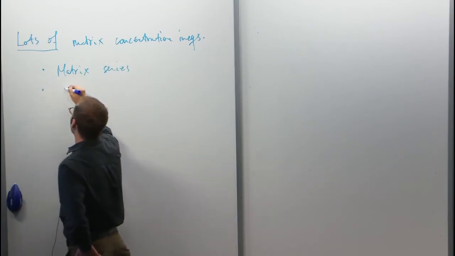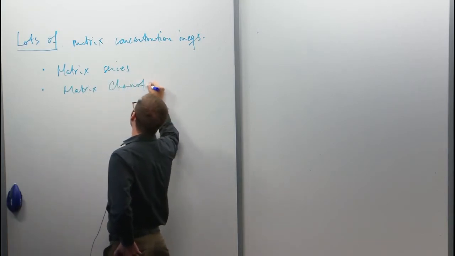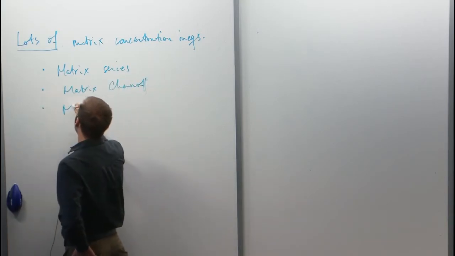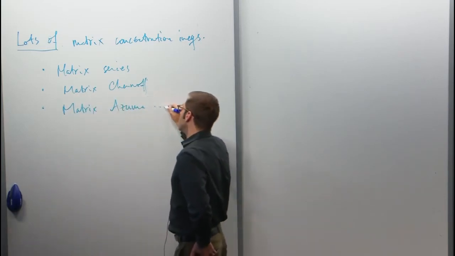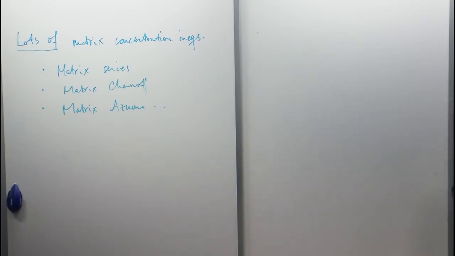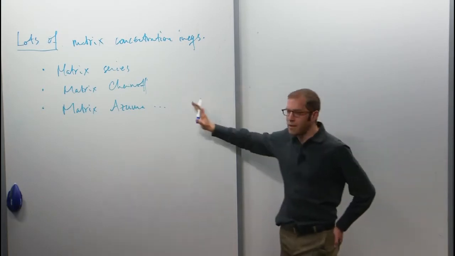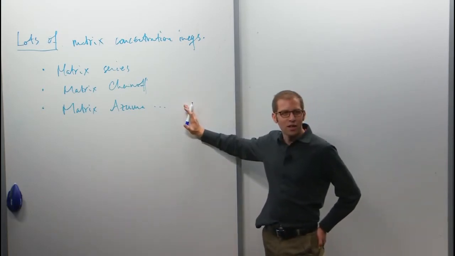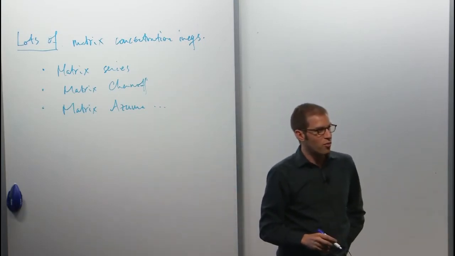There are matrix Chernoff bounds. There are matrix Azuma bounds. Anyway, basically, take every one of your favorite concentration inequalities and put matrix in front, and there might be a version. So all these things you do in the scalar setting can be transported to the matrix setting by sticking matrix in front, usually with a much harder proof.